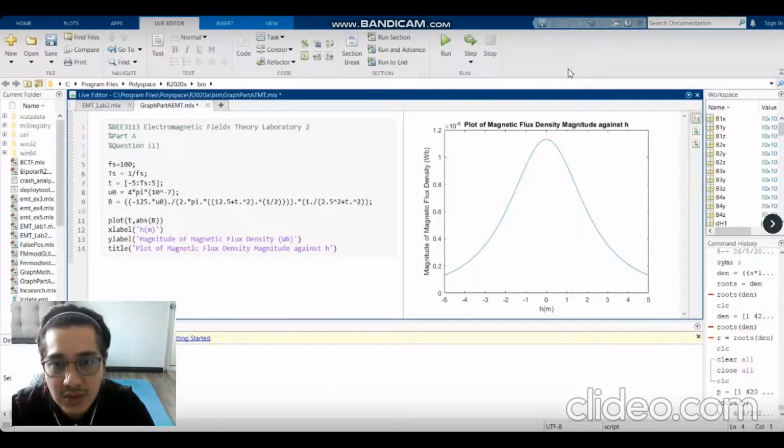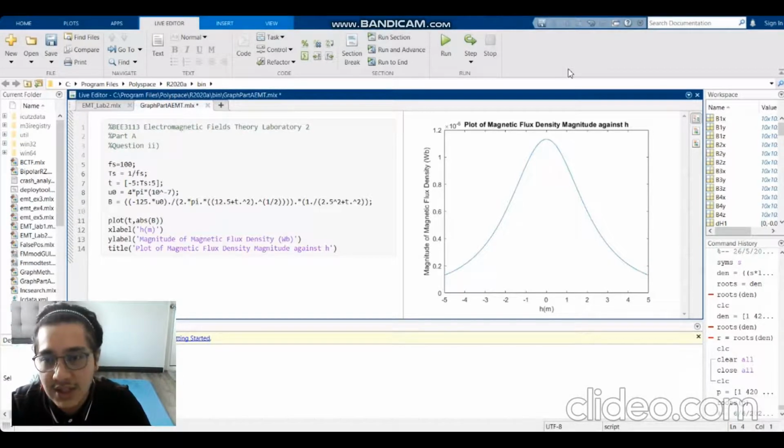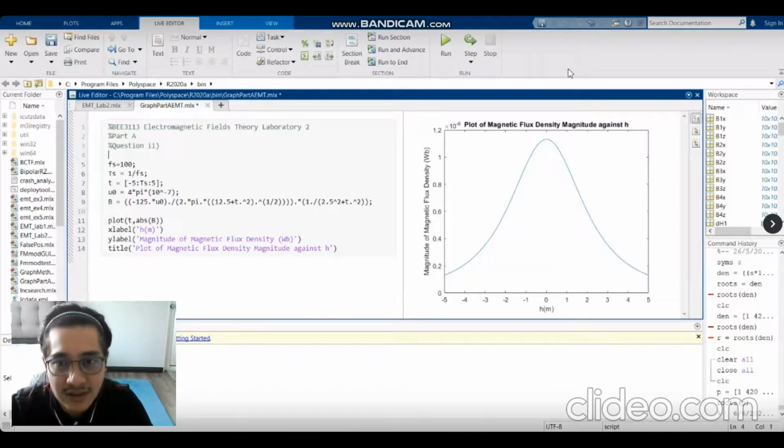I will go straight to the question, which asks us the characteristic of the graph and how to increase the magnetic flux density. Basically, the characteristic from this graph is that it is a bell curve or Gaussian distribution, which is the most common normal distribution.